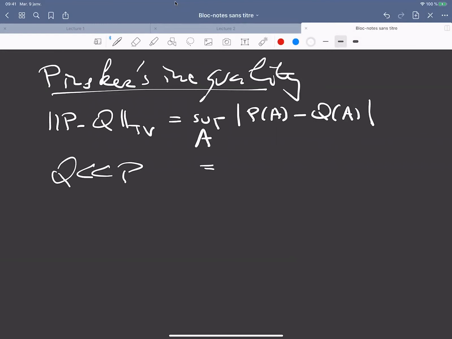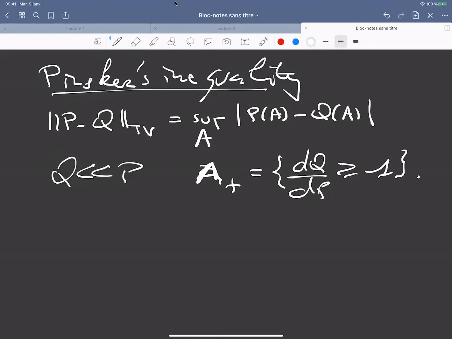You know where this supremum is achieved. It is achieved for A plus, let's say, which is the set where dQ over dP is larger than 1. This is very easy to see. And so this is equal to Q of A plus minus P of A plus.